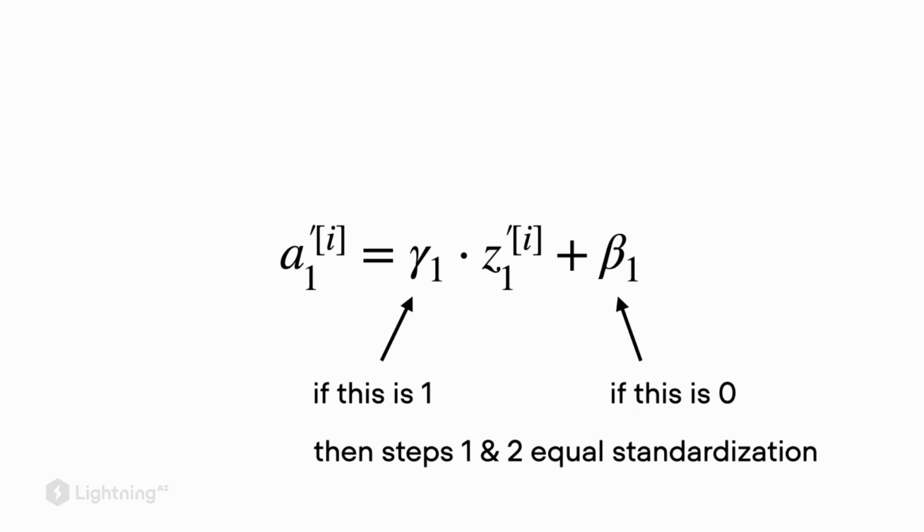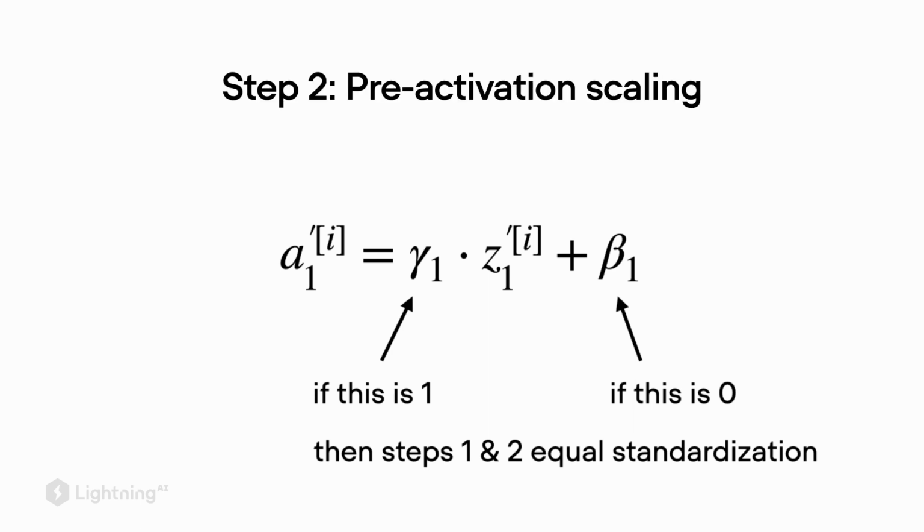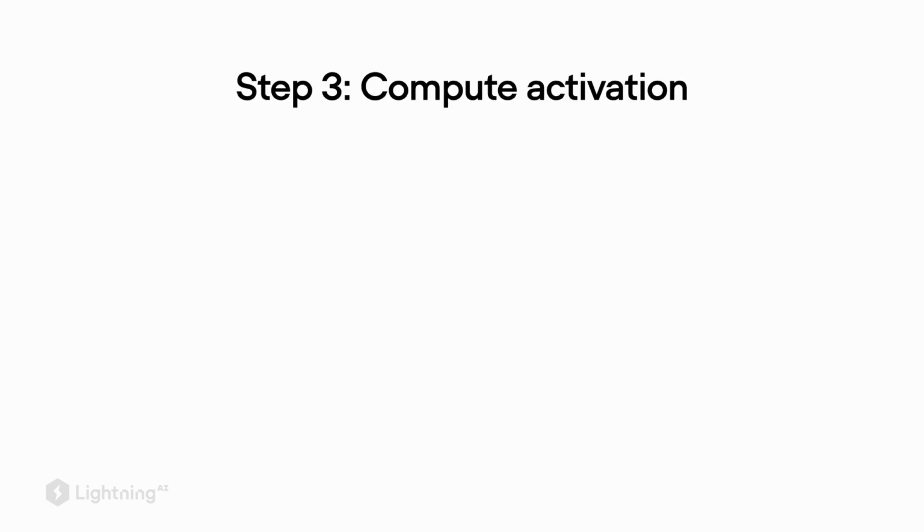Now after applying step 1, the standardization of the net inputs, and step 2, the preactivation scaling, step 3 is to compute the actual activation. Here we apply a nonlinear activation function to these preactivation values a prime.